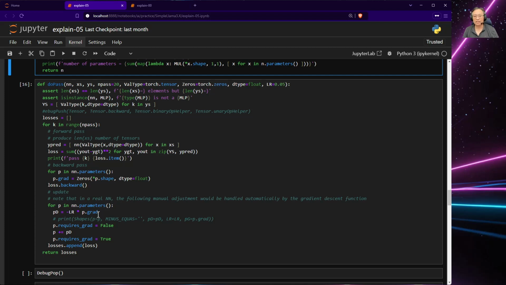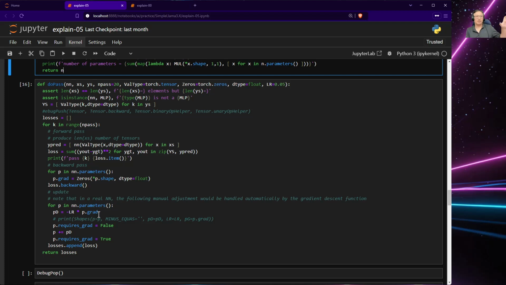And p dot grad. So what is p dot grad? p dot grad is the derivative of d loss with respect to d param, or dp. That's the grad field. And remember, generating the grad took multiple steps, right?